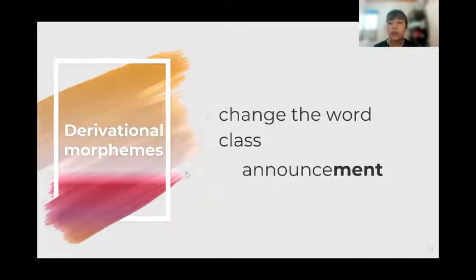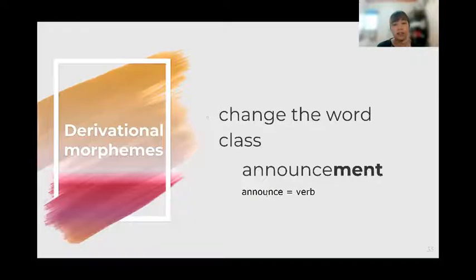For example, in the word announcement, our base form here is announce. We will dissect it. So the base form announce is a verb. Action.